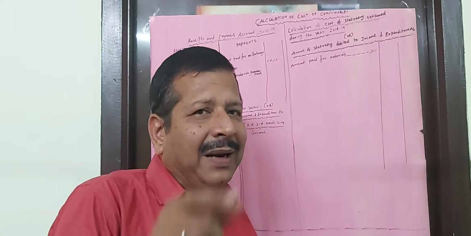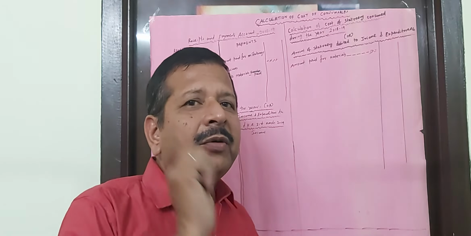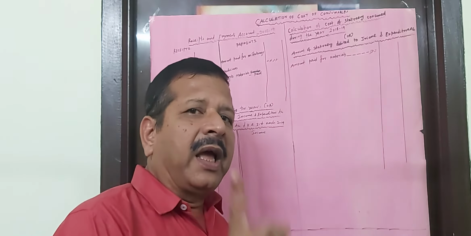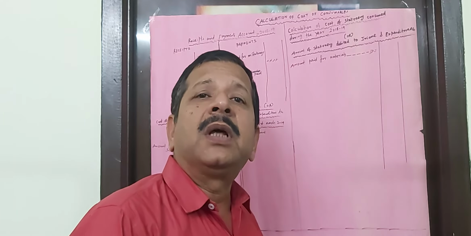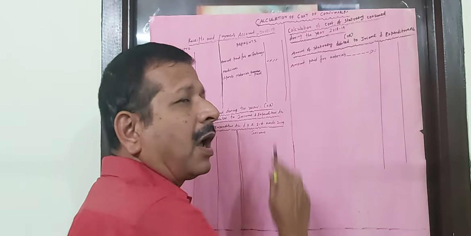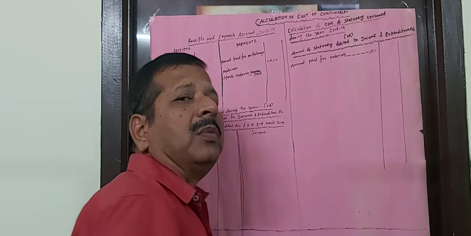To prepare that, I have to make you ready. To make you ready, I want to teach two important concepts. One I have already taught yesterday, that is fund-based accounting, and another one I am going to teach now, the calculation of cost of consumables.